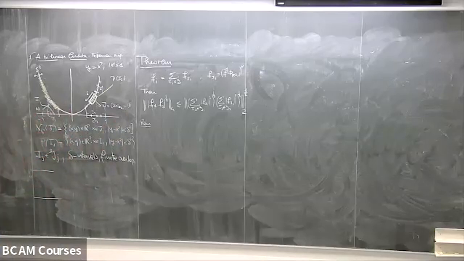Yesterday we said that this P of I_j is an almost rectangle, of length delta in the tangential direction, cross delta squared in the normal direction.